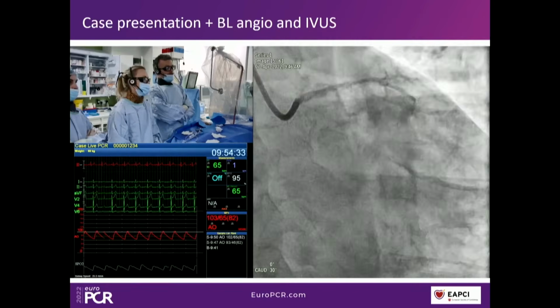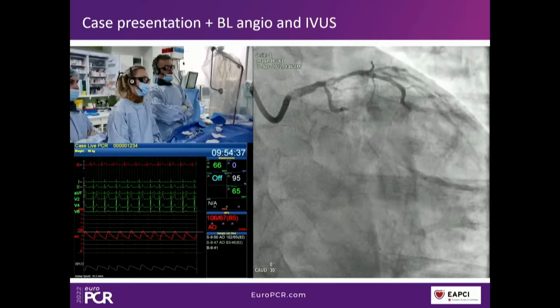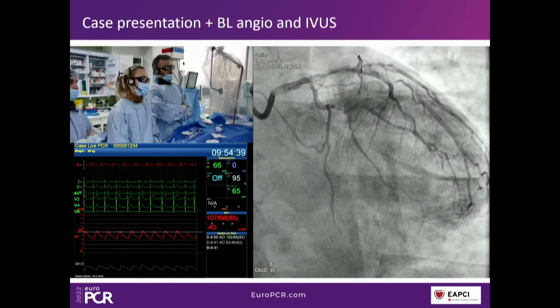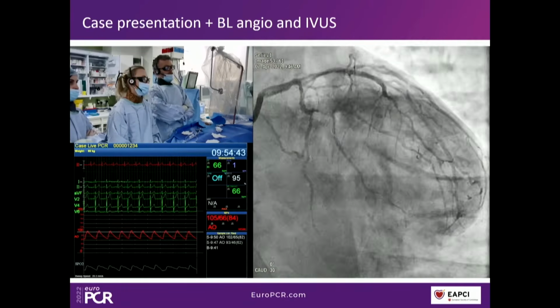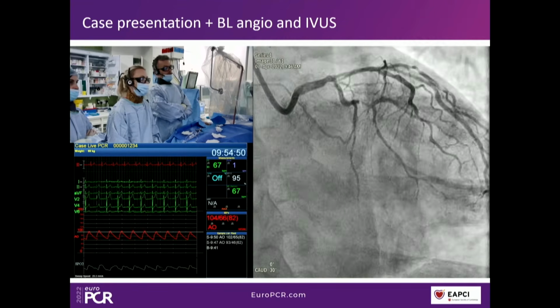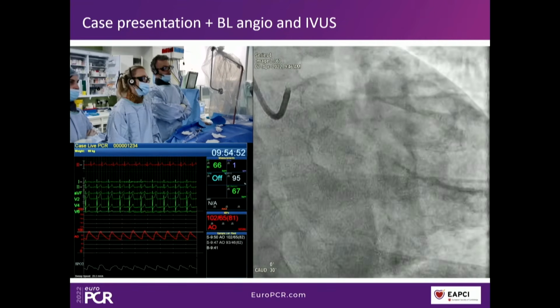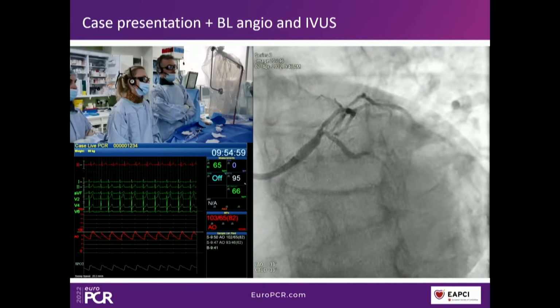Just before this bifurcation, further high-grade disease and probably slightly reduced flow in that area. Again, suggestion of ostial disease at the ramus branch and further distal disease in the ramus branch. It's all quite crowded up there, so I think we're going to use intravascular imaging to try and get real clarity around that.